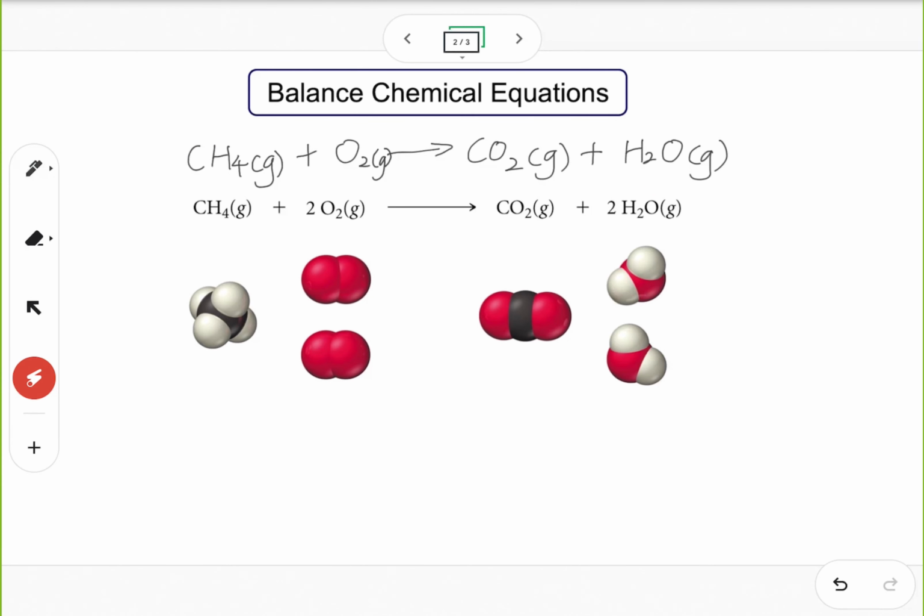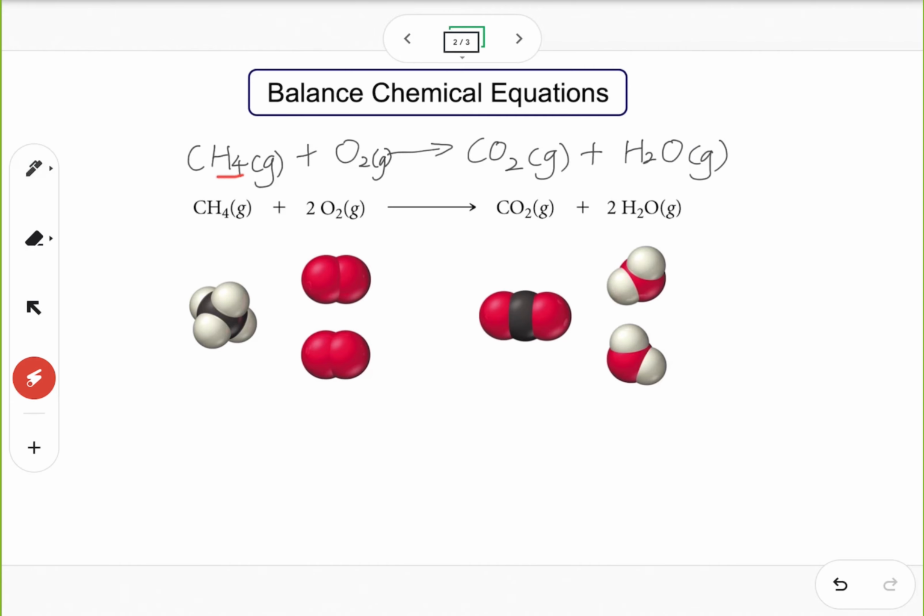For instance, you have 4 hydrogens on your left side. The chemicals on your left side in the chemical reaction are called chemical reactants. So these two are reactants. And the compounds on your right side, right side of the arrow, we call them products.